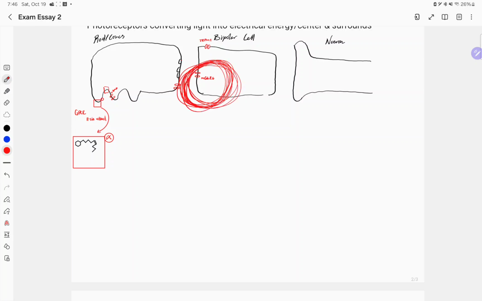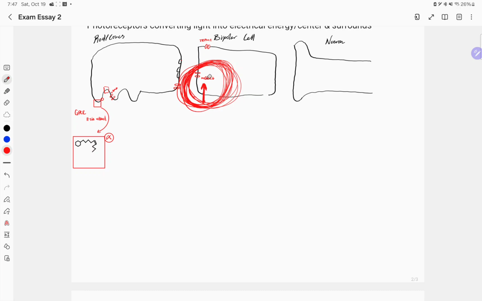So this photoreceptor would be considered an on-center photoreceptor. Why? Because it has mGluR6. So if mGluR6 is in the bipolar cell, it's referred to as on-center.